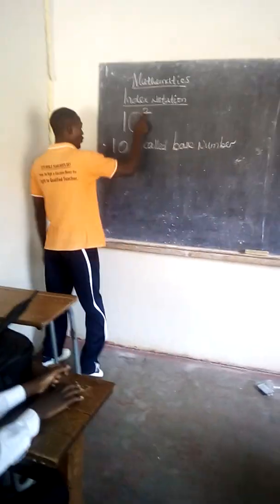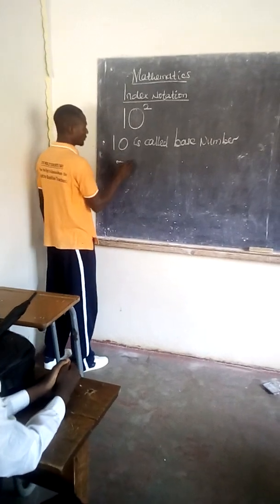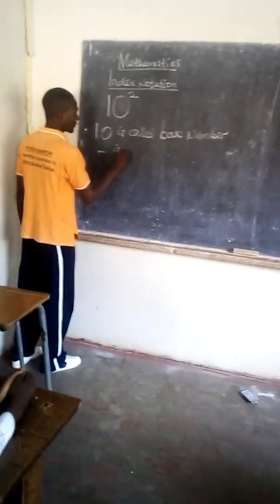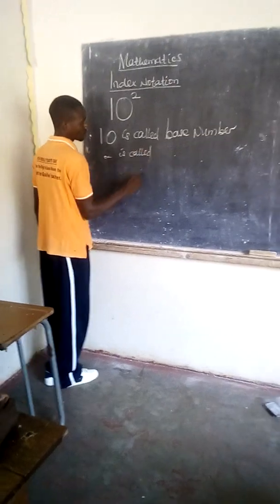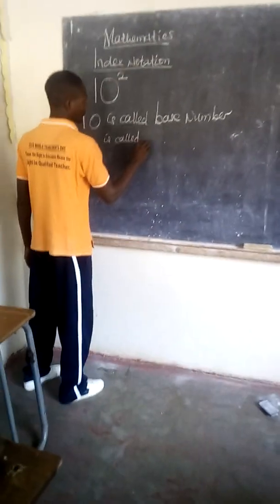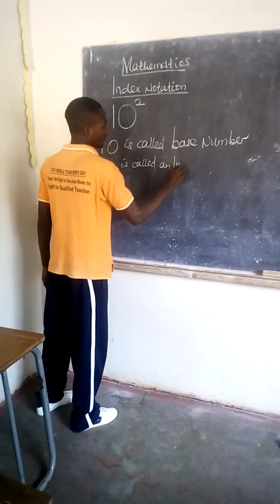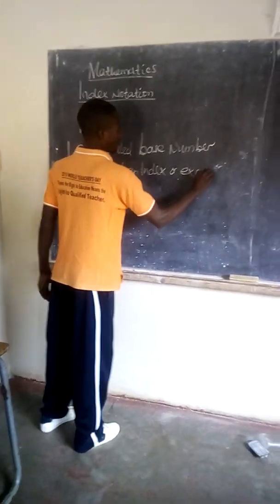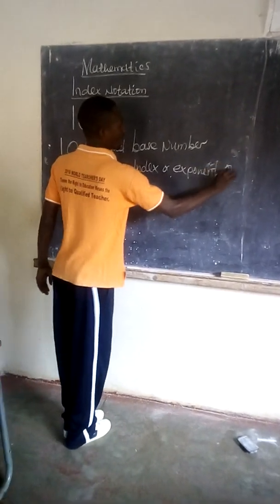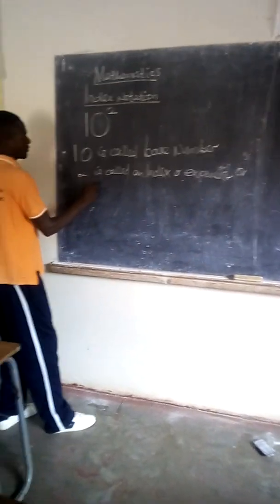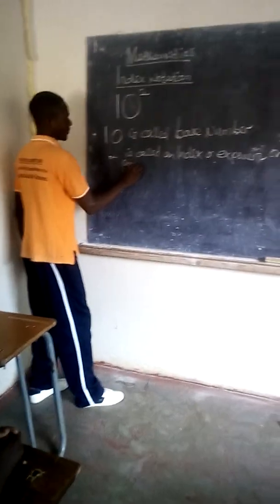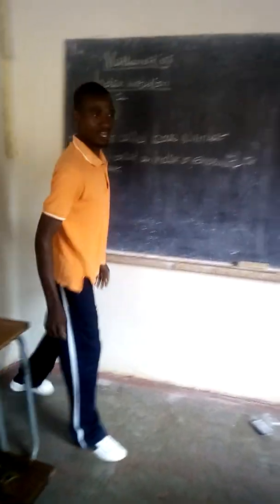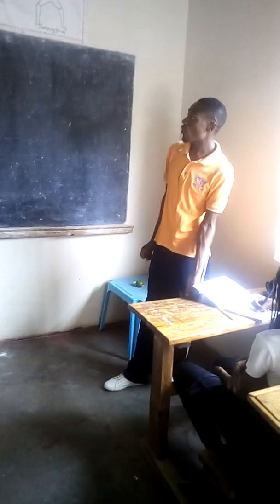The 2 which is on top is called an index, exponent, or the power.